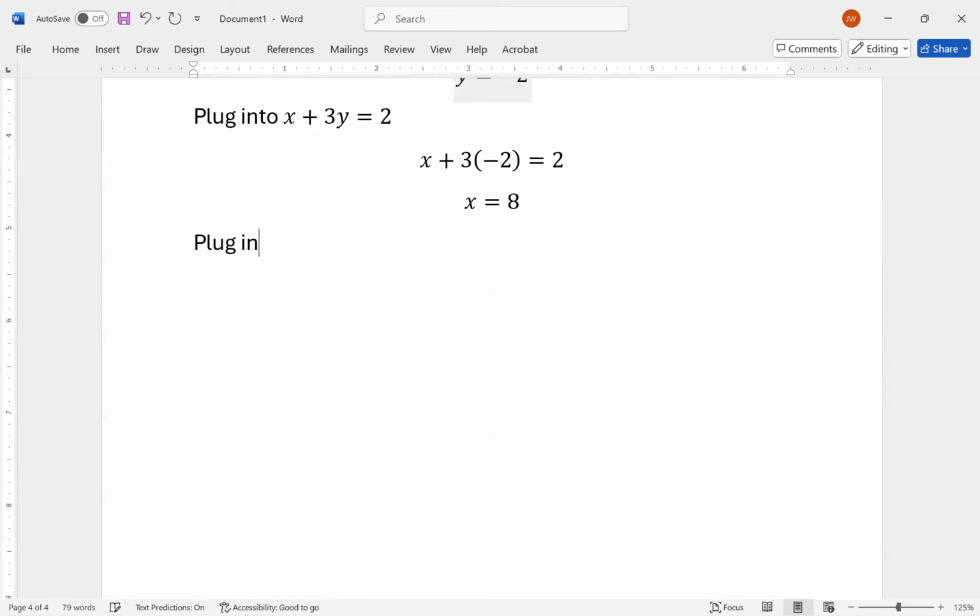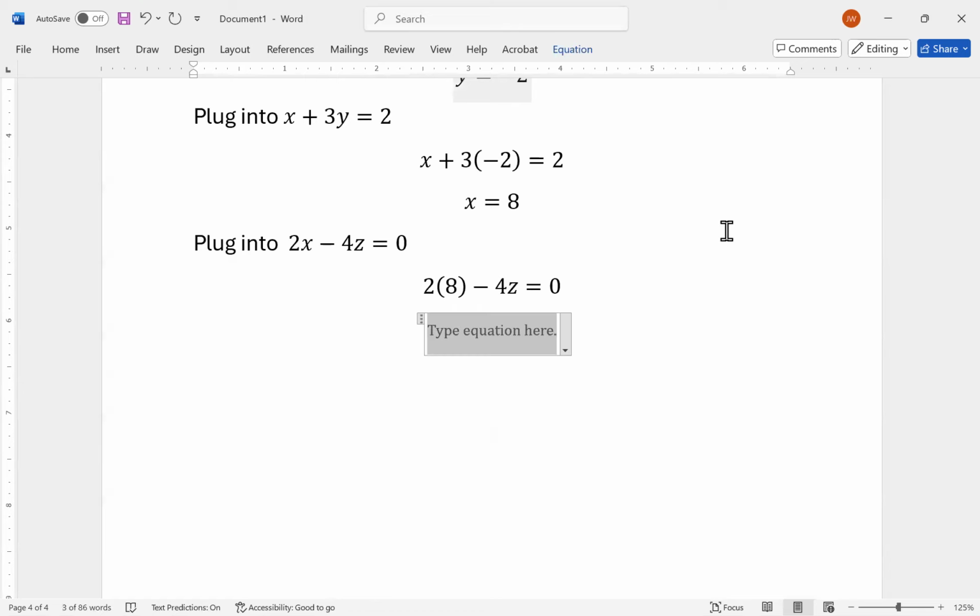So I'll plug into 2x minus 4z equals 0. That means 2 times 8 minus 4 times z is equal to 0. So if I add 4z to both sides, I get 16 is equal to 4z. Dividing by 4 tells me that z has to be equal to 4.